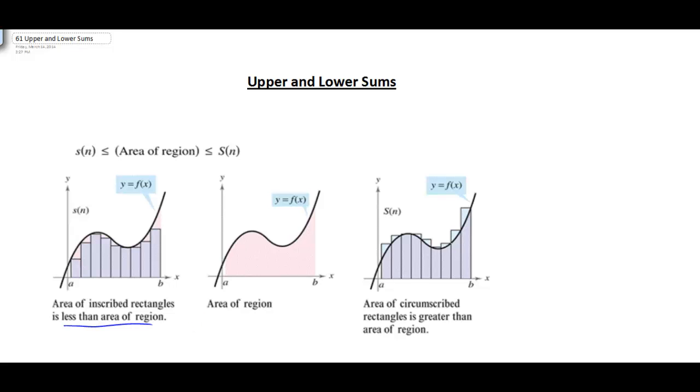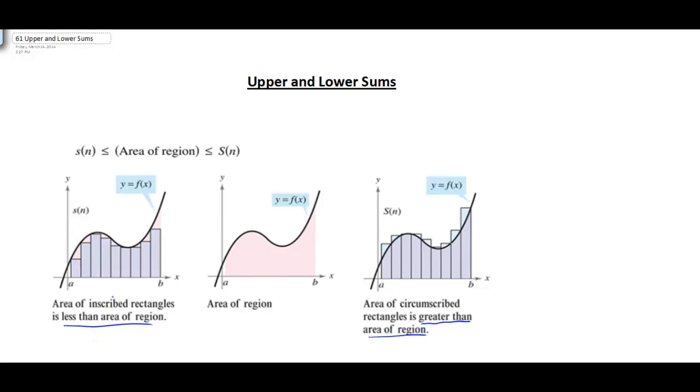And then we're going to look at drawing rectangles that go slightly above the curve here, your circumscribed rectangles, and clearly this area, because our rectangles are going above, is going to be slightly greater than the actual area. So let's look at an example of how we can do this.